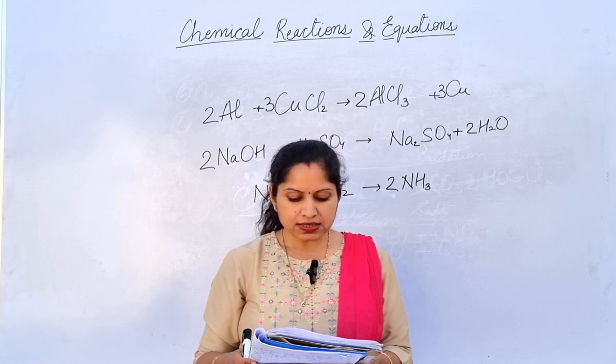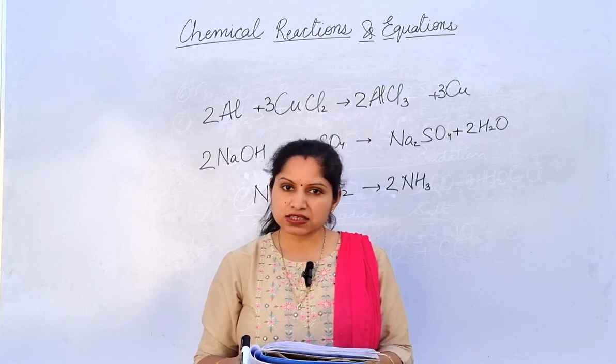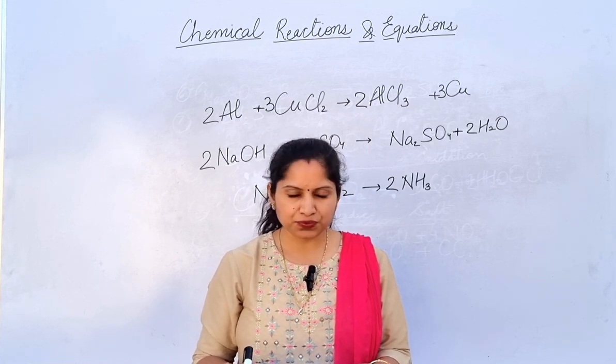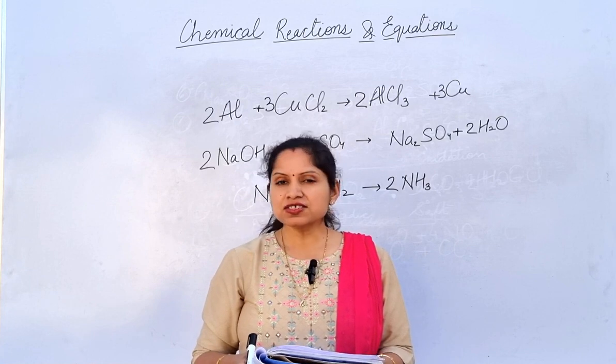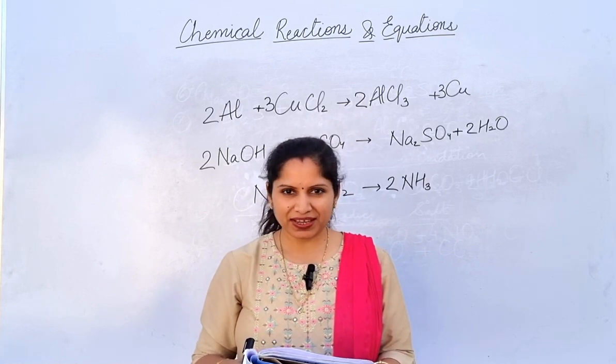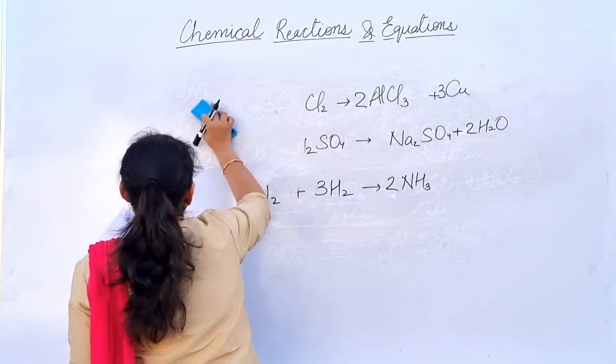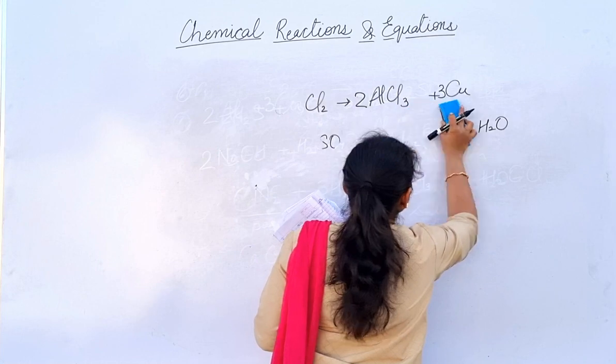In this reaction a gas is formed, chlorine gas. This reaction is also used in black and white photography. You have to write the reaction. Work it out. I'm waiting for you all to do the equation by yourself.